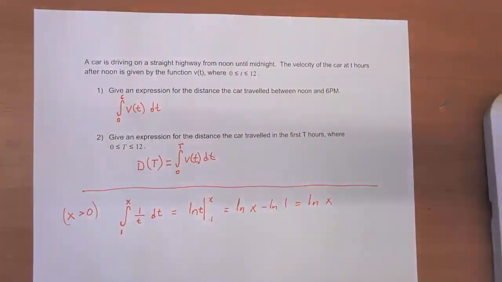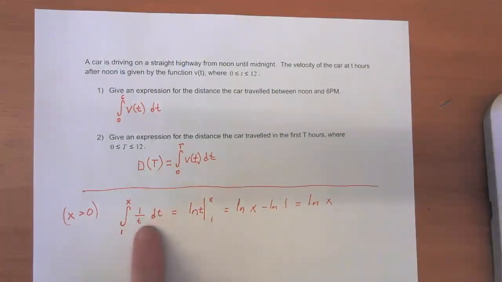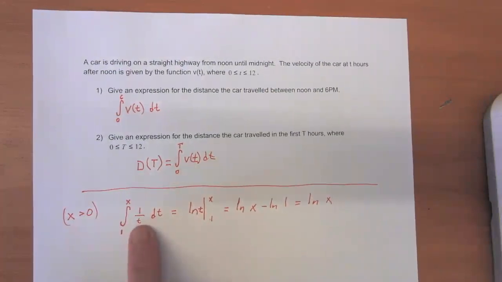And in fact, in some places where you see mathematics defined, this is actually given as the definition of the natural logarithm of x. So in those cases, when we don't know about logarithms or exponentials ahead of time, you would look at this and say, well, we don't have an antiderivative for 1 over t because the power rule doesn't work.